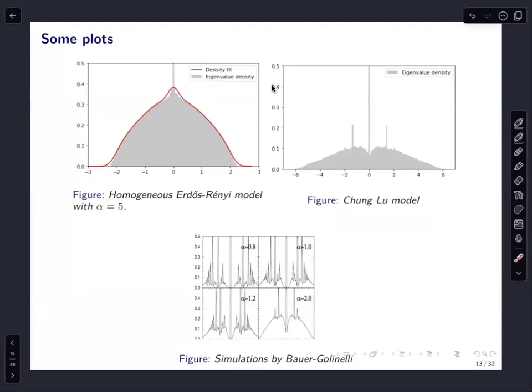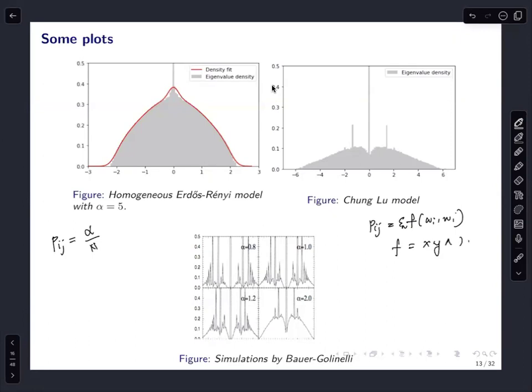So you should think of, just to remind you, the connection probability. So Pij is alpha by n, for example, here. And alpha is 5 here. And this is an example where the Pijs are, if you recall, epsilon of Wi, Wj, where f is of the form minimum of xy and 1.